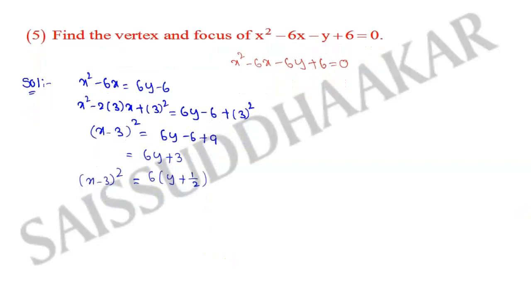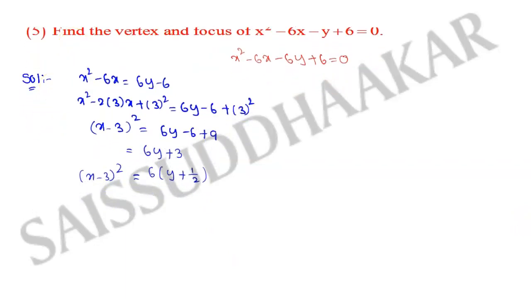In general we compare with the formula: x minus h whole square is equal to 4a into y minus k. By the comparison I get h value as 3 and 4a value as 6. A is equal to 6 by 4, that is 3 by 2. And k value is minus 1 by 2.